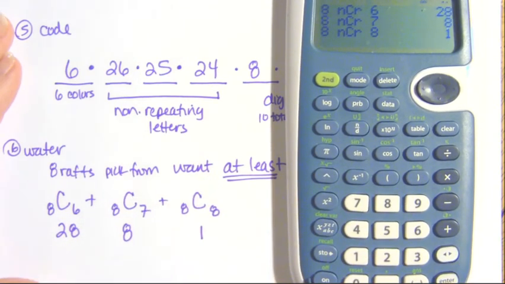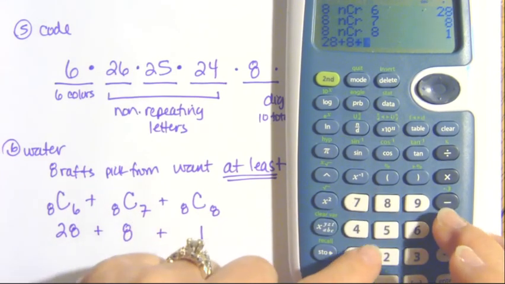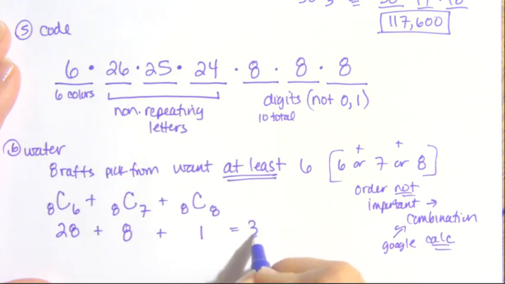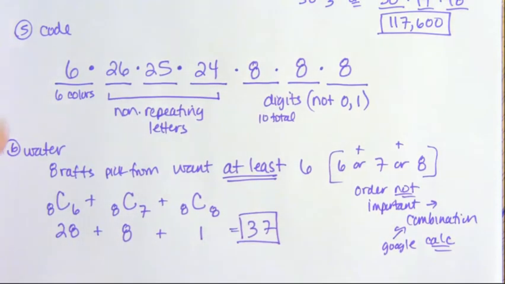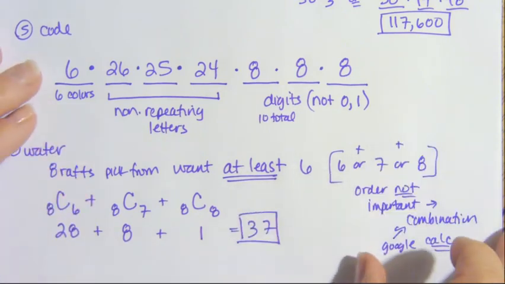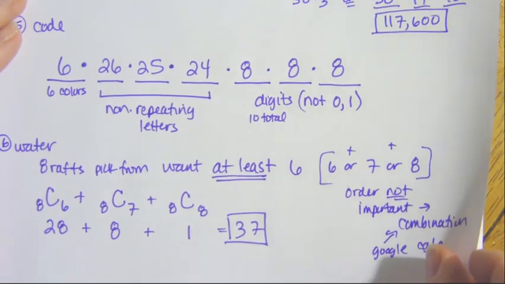And that's a 1. Add these all up. So 28 plus 8 plus 1, and I've got 37. Again, you guys have different numbers to work with, but at least you can maybe see where to put these. All right, if you have a different calculator and you need help, just let me, Miss Mason or I know. We can try to help you figure that out.